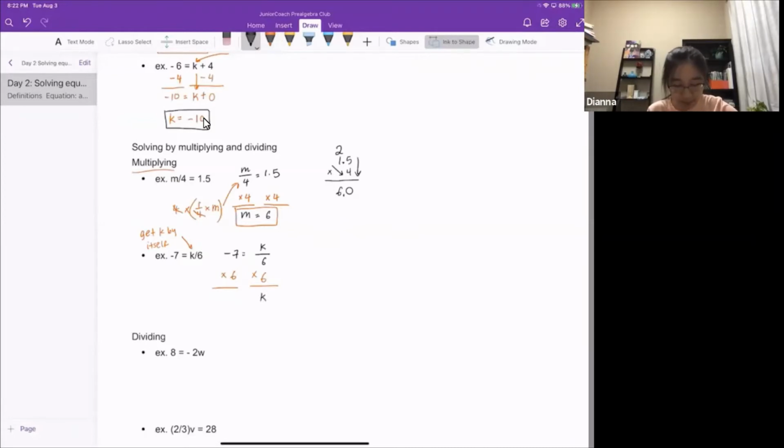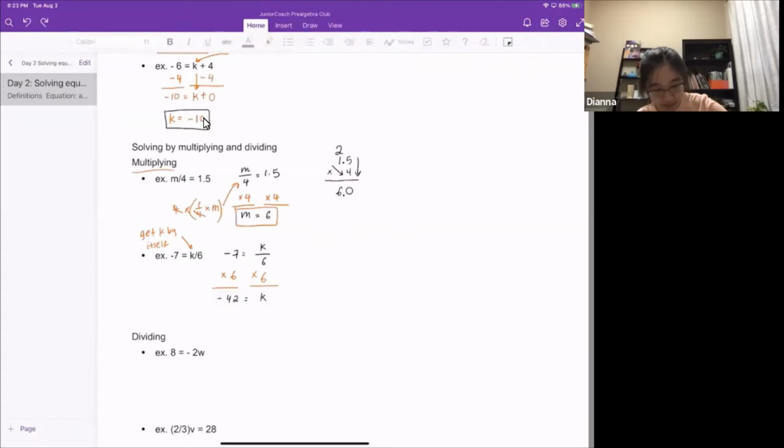And here, -7 times 6 is -42. Because if I multiply a negative number by a positive number, it stays a negative number. And that's going to be my answer. Or I can write it nicer: k equals -42.